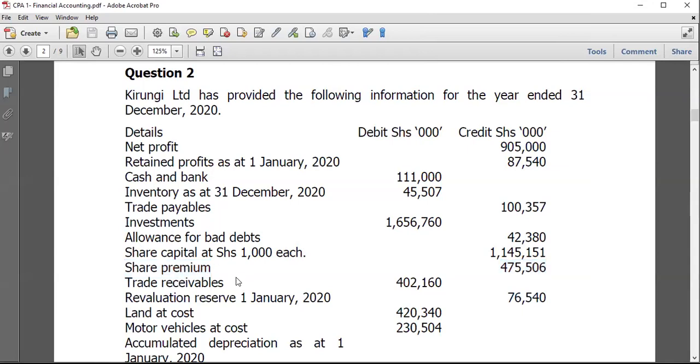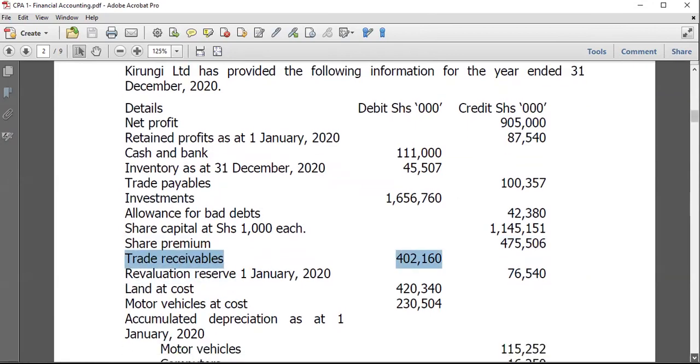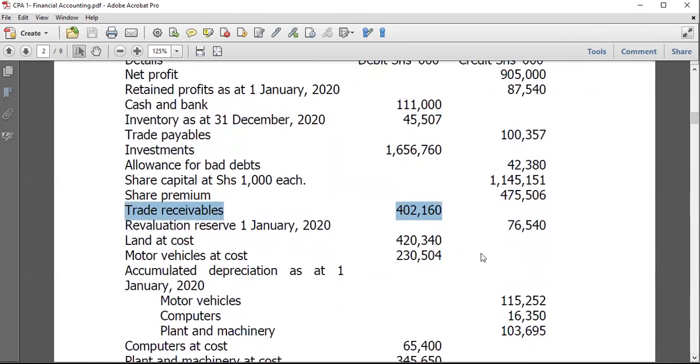And then we have the trade receivables, which are your debtors. And with debtors, you know very well that these are assets, and that's why they are being recorded there.